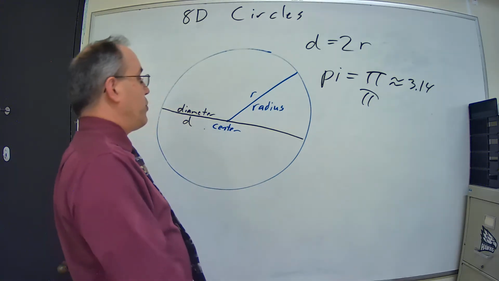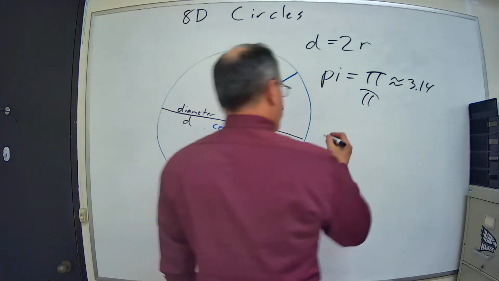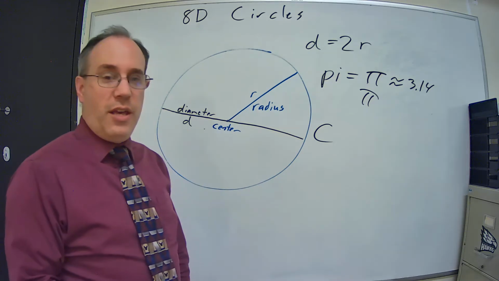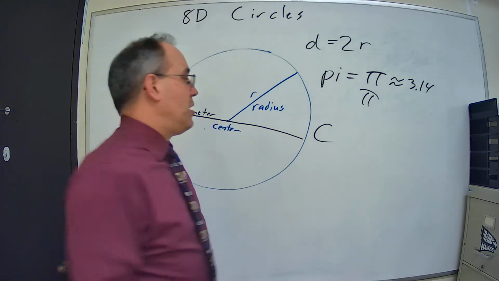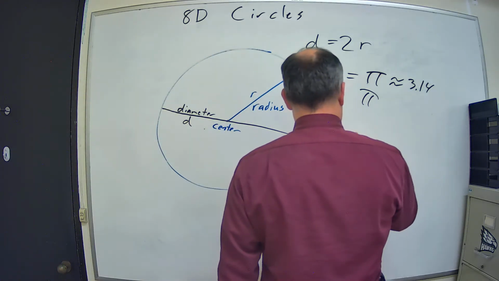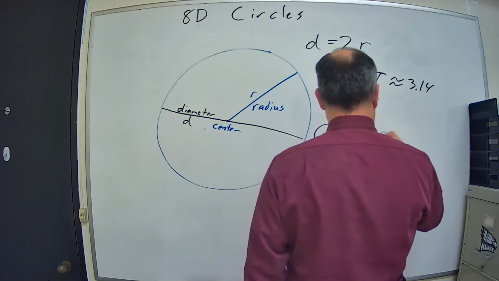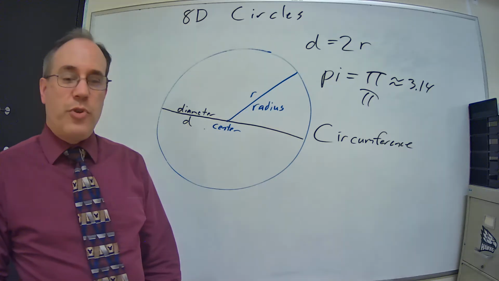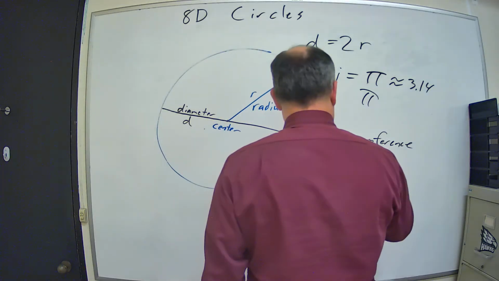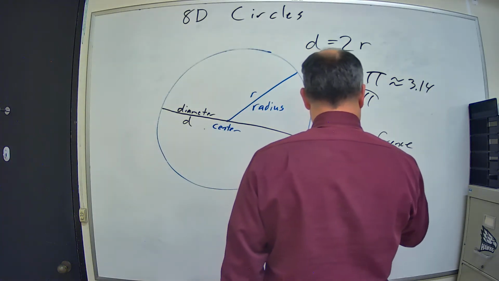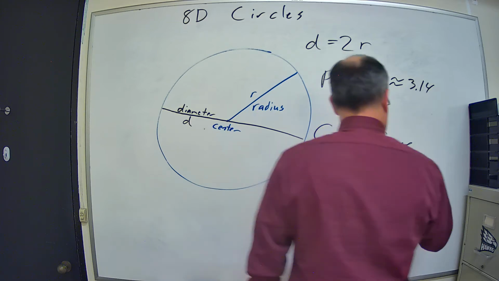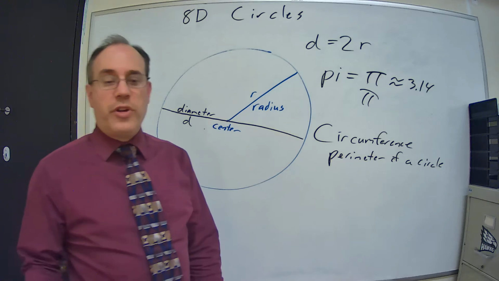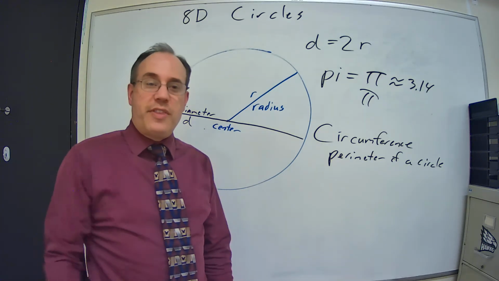So one of the first things we want to look at with this is the circumference of a circle, and that's a capital C. Well, what is circumference? Circumference is really the perimeter of a circle. It's the measure of the outside.